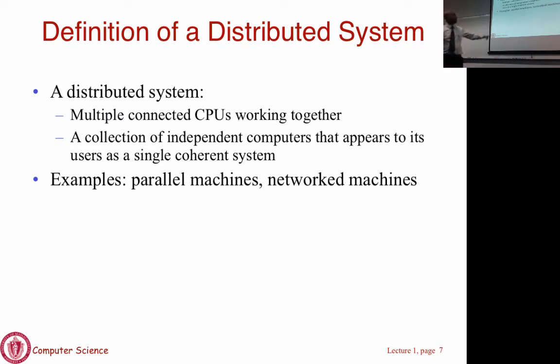I'm going to distinguish distributed systems from parallel systems. A parallel system is also a collection of CPUs, and those CPUs are also interconnected, except that in most parallel systems the CPUs are inside one machine. The interconnection is a system bus or some high-speed interconnect.